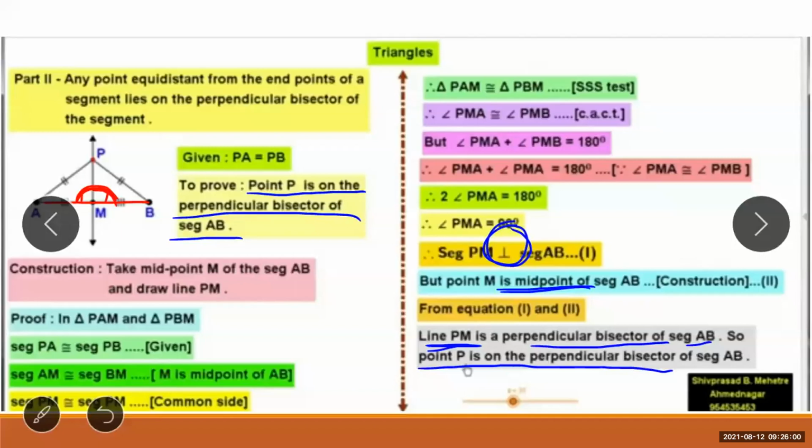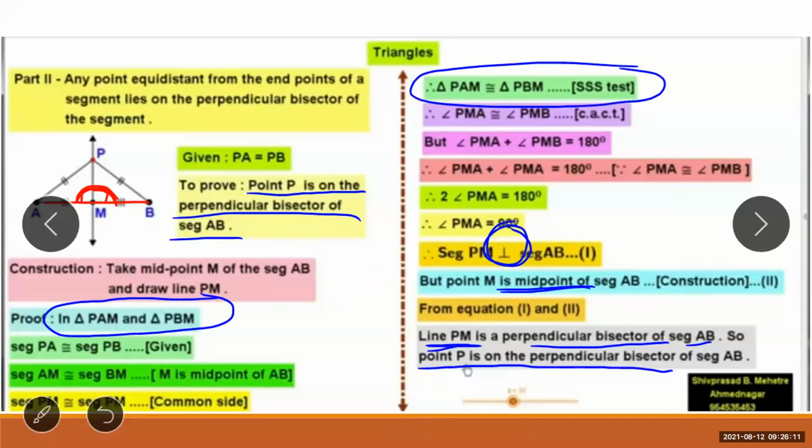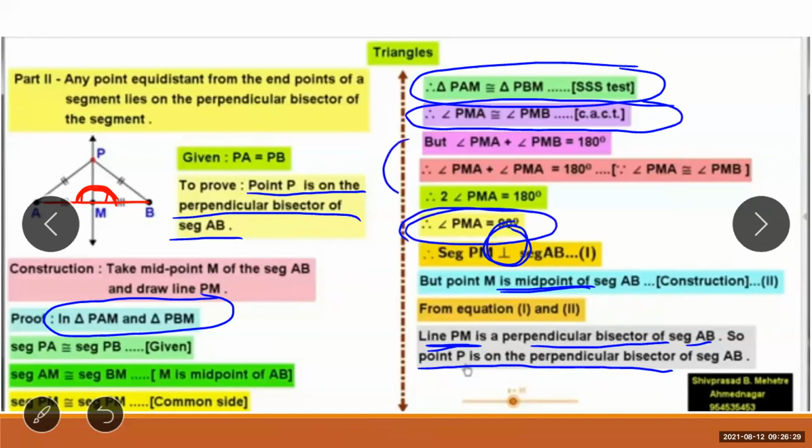Very simple. To write the proof, just take two triangles and show them congruent to each other. As the triangles are congruent, their corresponding angles will also be congruent. Now find the angle PMA, that is 90 degrees, by all those steps, the linear pair of angles test.